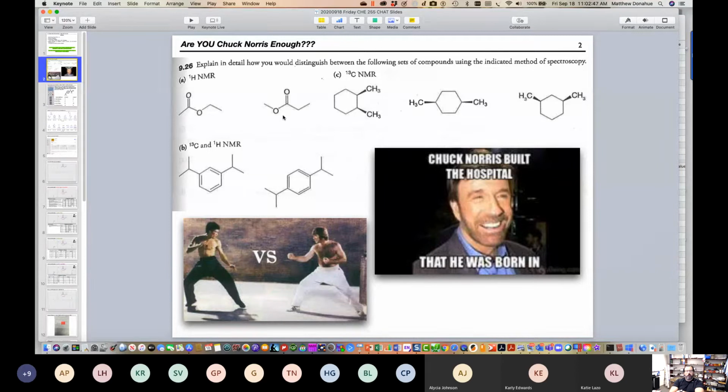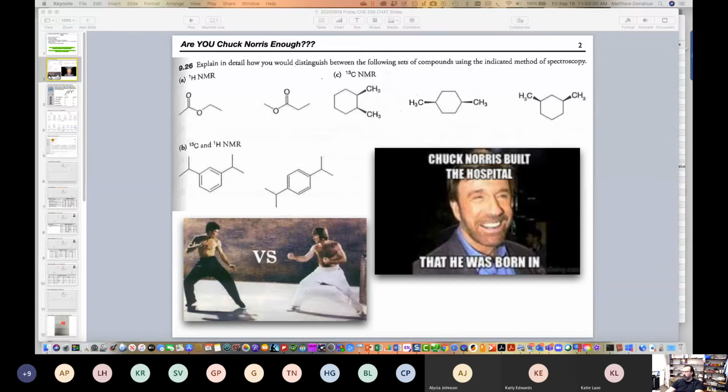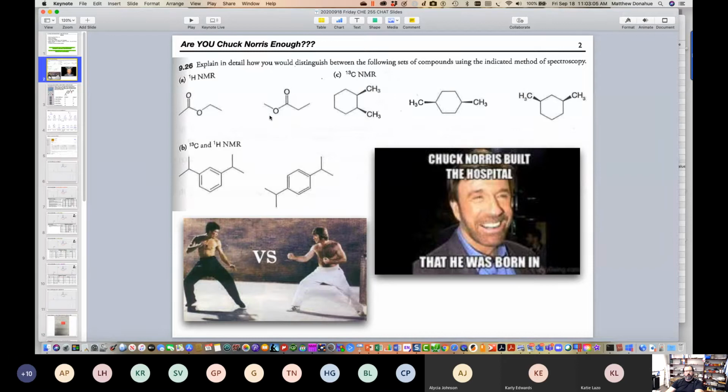and so if you look at them, maybe the question I can ask is, what is the relationship between these two compounds? So what relationship do these two have?